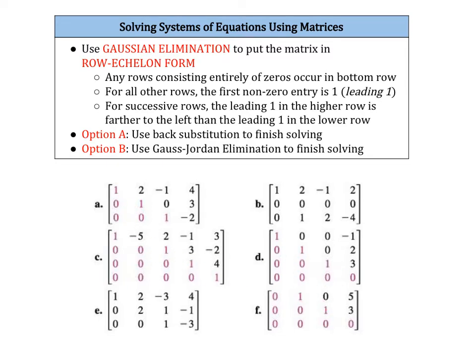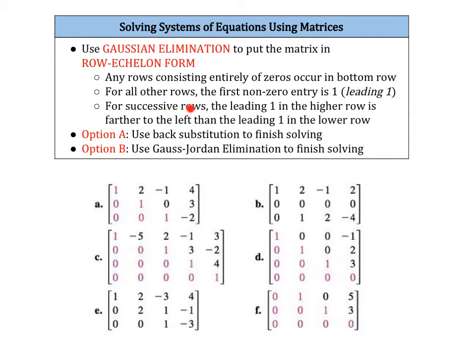The rules for row echelon form are: if you have a row that's entirely zeros, it needs to be at the bottom, like you see here. For all other rows, the first non-zero entry is 1, and they call that the leading one. You can see that for this row, it starts with a 1. Here's a 0, but that's okay. The first non-zero is a 1. Here's a 1. If you look over in matrix E, your top row is okay, but here your first non-zero entry is a 2, so it's not in row echelon form.